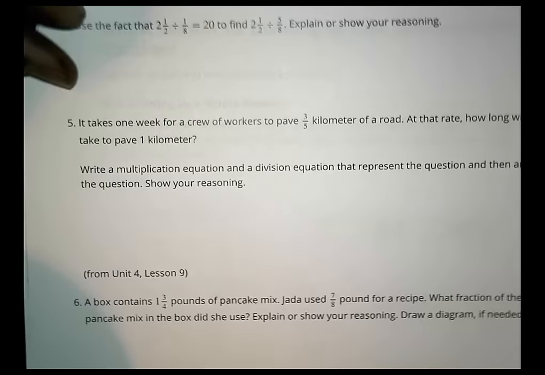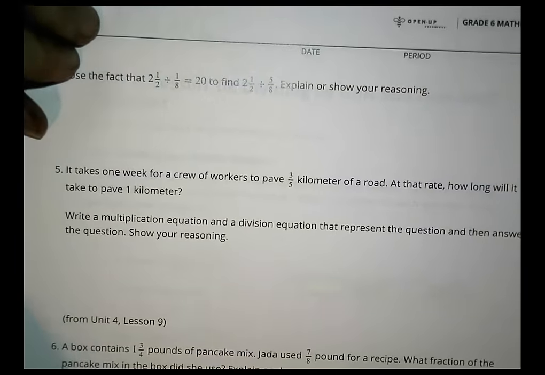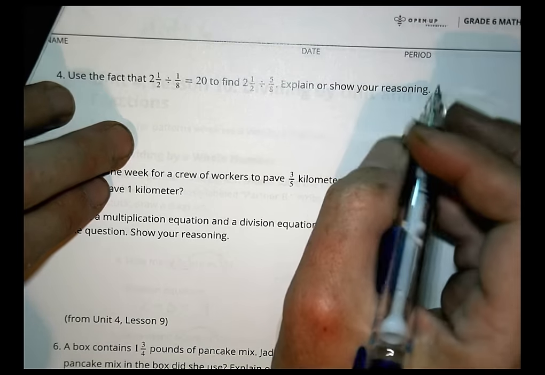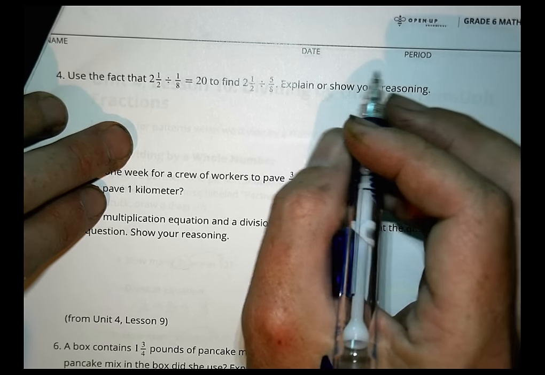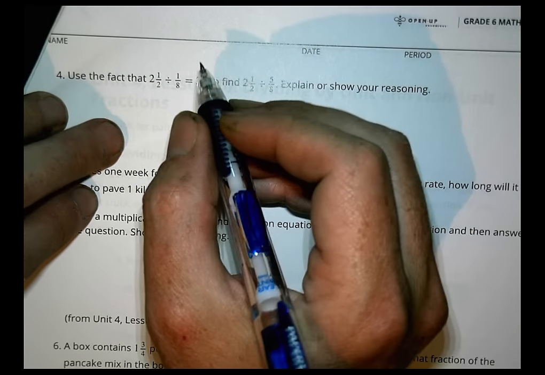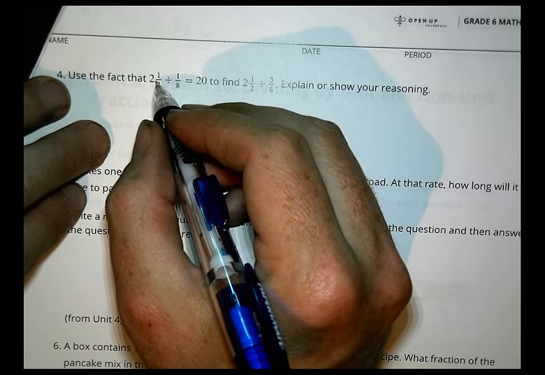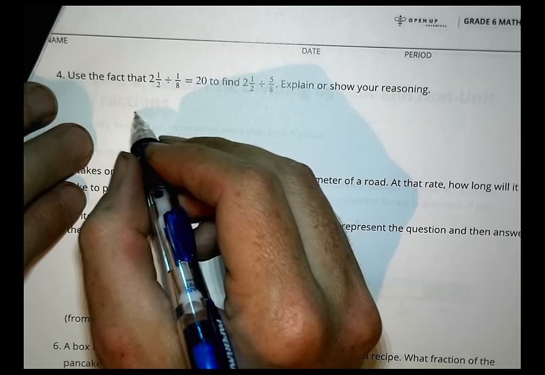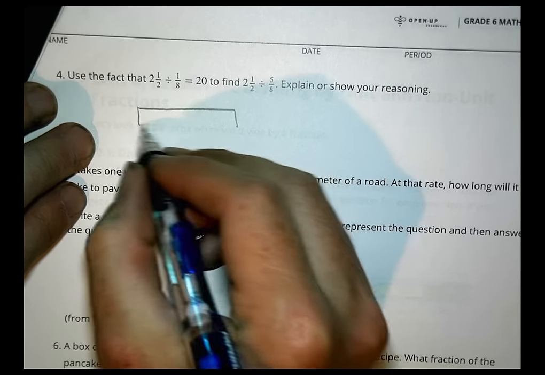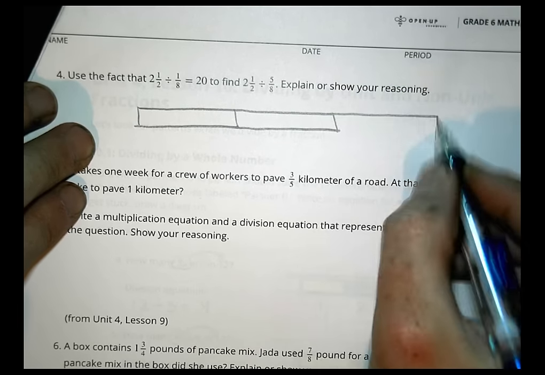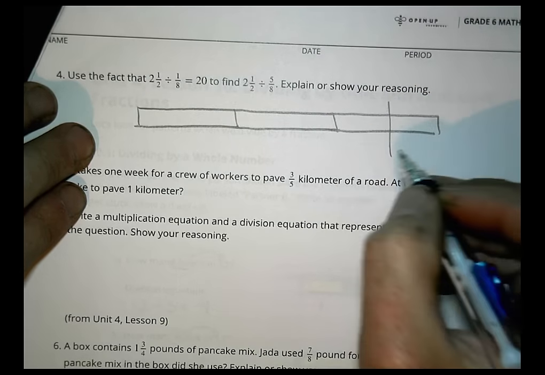Alright, number 4. Use the fact that 2½ divided by 1/8 equals 20 to find 2½ divided by 5/8. Explain or show your reasoning. Okay, so what we're saying here is that I have 2½ which is, in our case here, a lot. Let's go 2½, let's go 1, let's go 2, and let's do a half, and we'll just draw a line there for a half.